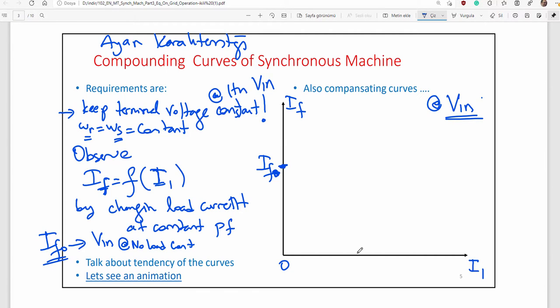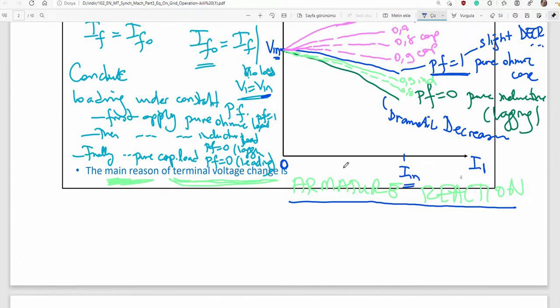Now, ladies and gentlemen, we have decided to conduct the experiment under pure ohmic load. Under pure ohmic load, you see there is a slight decrease in voltage.